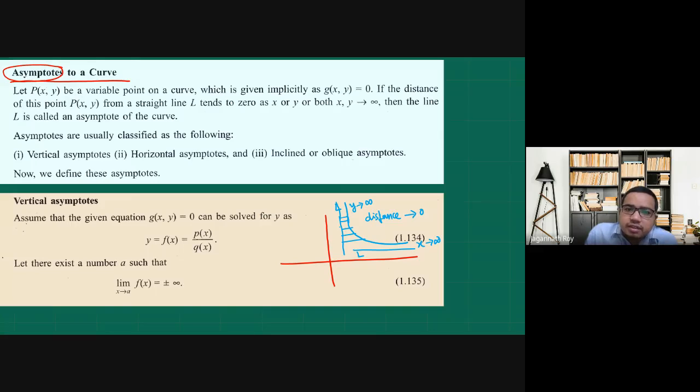The distance will gradually go to 0. So that is the geometrical meaning of an asymptote.